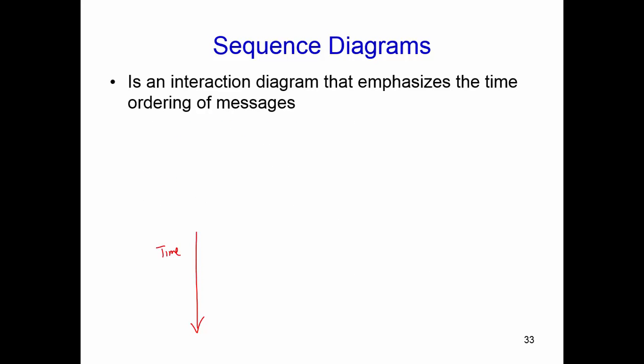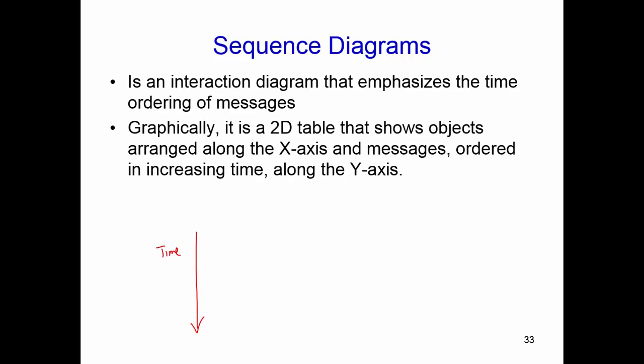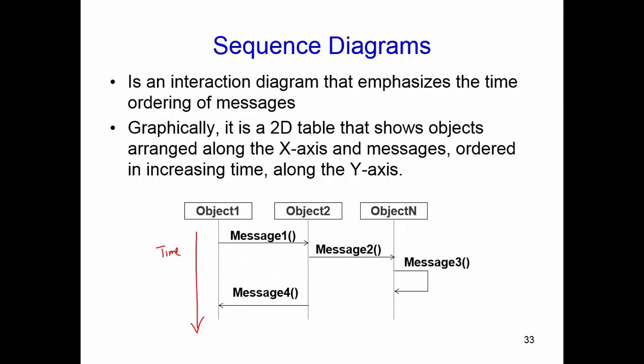So a sequence diagram is an interaction diagram that emphasizes the time ordering of messages. Graphically, it's a 2D table that shows objects arranged along the x-axis and messages ordered in increasing times along the y-axis. So time is going to be represented by the line going from the top to the bottom.